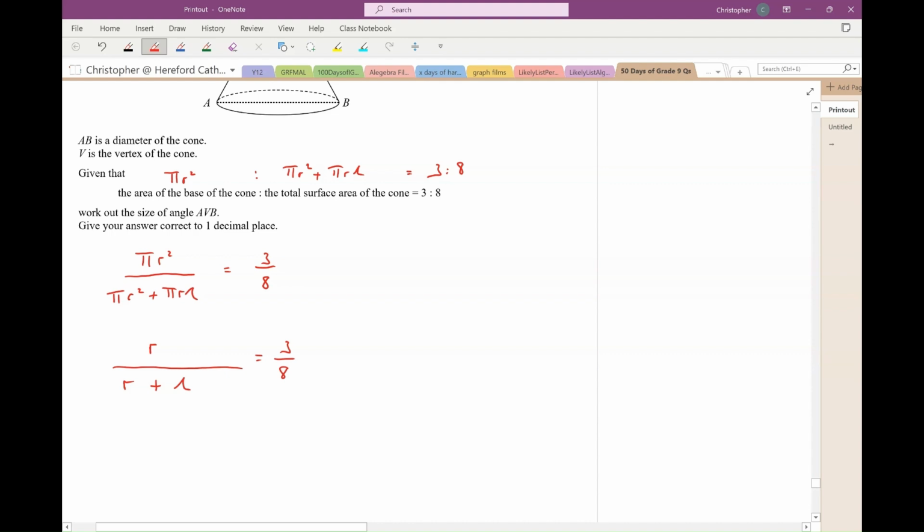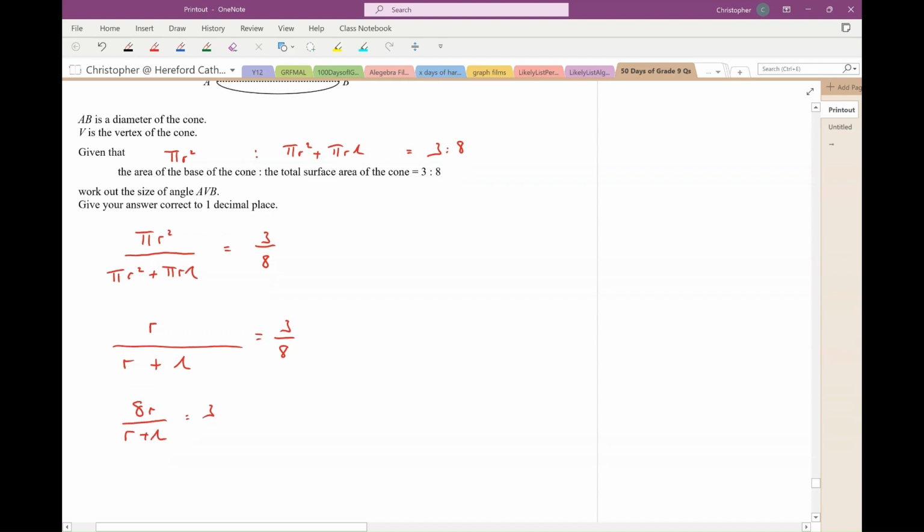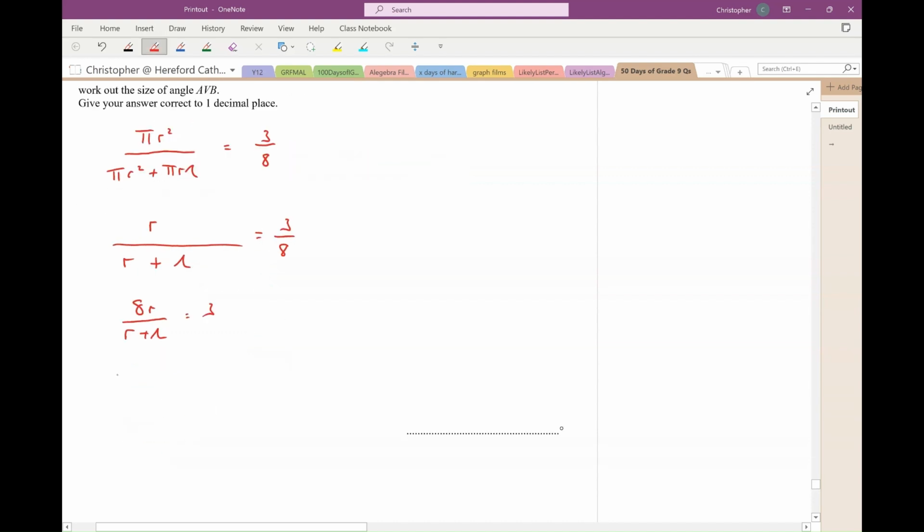Multiply both sides by 8: 8r over r plus l equals 3. Then multiply both sides by r plus l: 8r equals 3 lots of r plus l. So 8r equals 3r plus 3l, so 3l equals 5r.